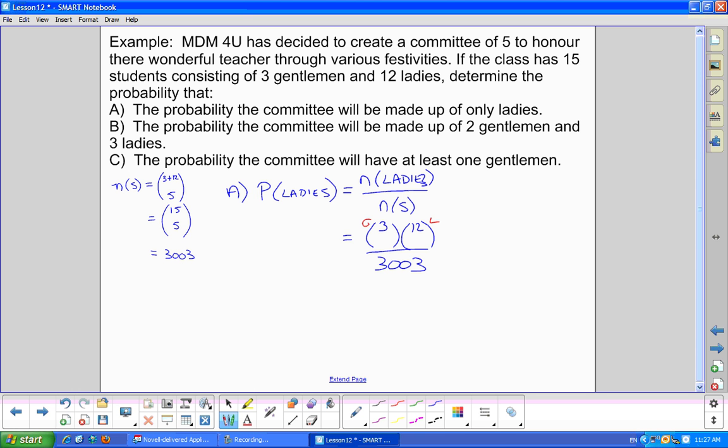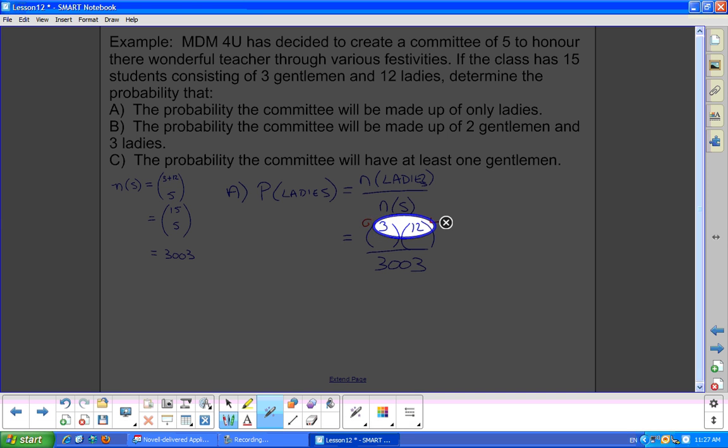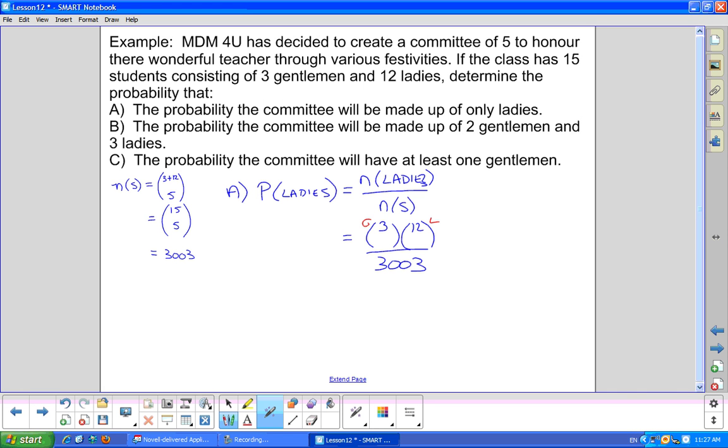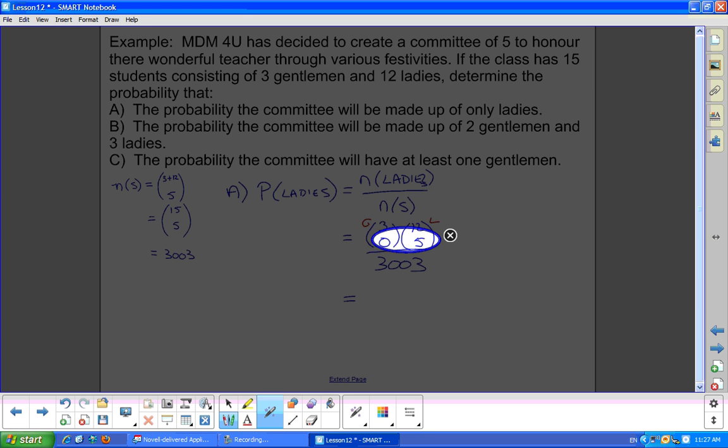If you look across the top, the 3 and the 12 always have to add up to how many people are available. There are 15 people in total, so 3 plus 12. The bottom is how many you're going to pick. If we want all ladies, I don't want any gentlemen, so it'd be 3 choose 0. On the other side, I want all ladies, so it'd be 12 choose 5.